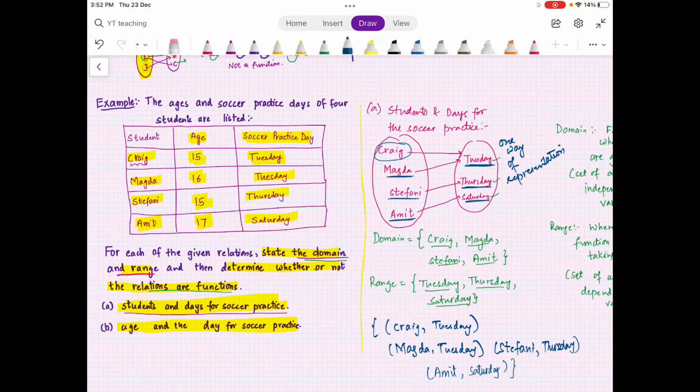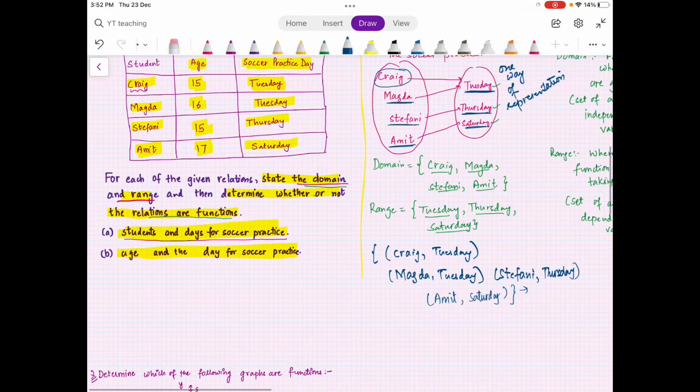So this is the second way of representing the function. And because corresponding to each independent variable we have only one dependent variable, the answer is yes, it is a function.